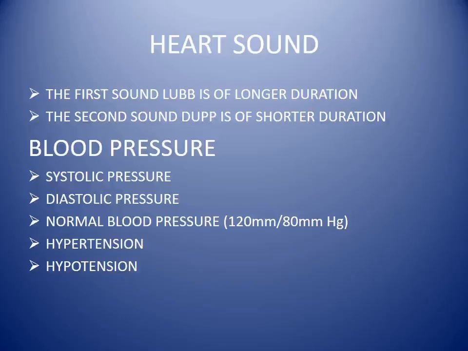The pressure falls to the lowest value, which is referred to as diastolic pressure. Systolic pressure means the ventricle pushes the blood to the aorta very fast, and at that time the pressure is also more. Here during the diastole the ventricles relax, the pressure falls to the lowest value, which is referred to as diastolic pressure.